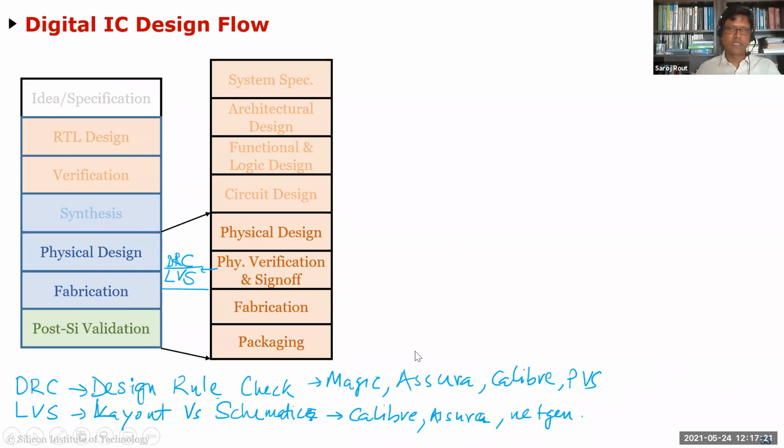The design rule check is basically saying that whatever layout you have drawn is within the design rules specified by the foundry. LVS, layout versus schematic, is a tool which takes the layout, because remember, the schematic has no physical meaning. When you draw physically, you want to make sure that it will ultimately fabricate the devices which represent your schematic. The tool extracts all the devices using the LVS rule files.